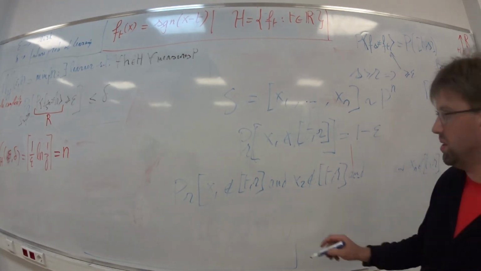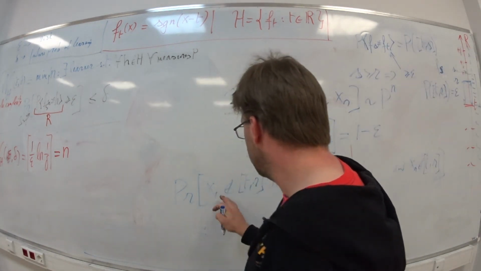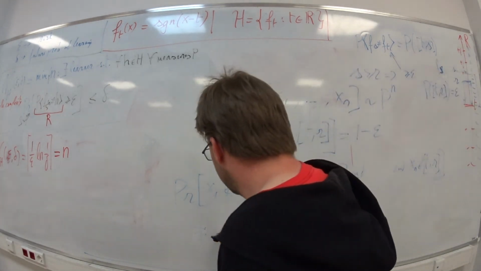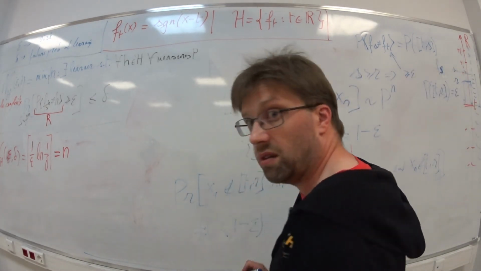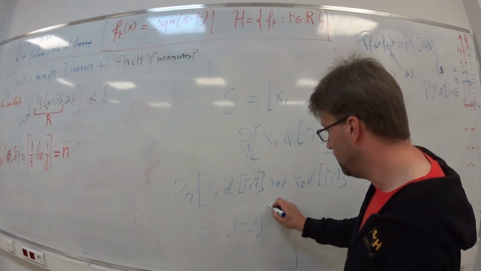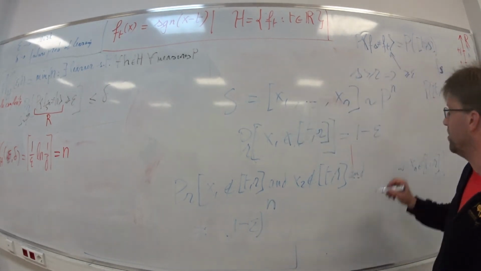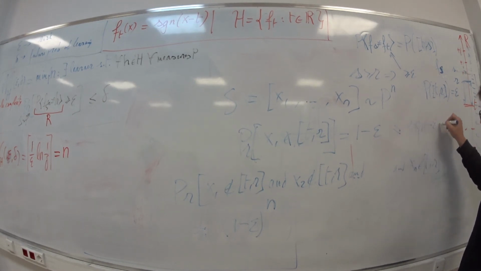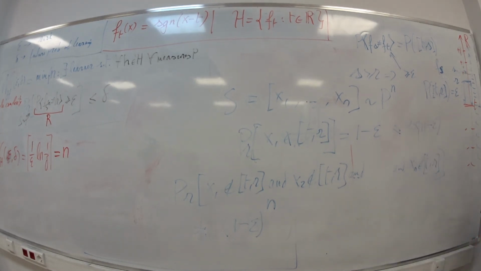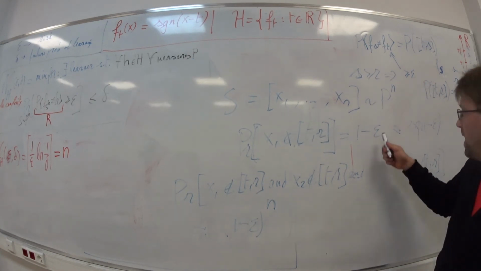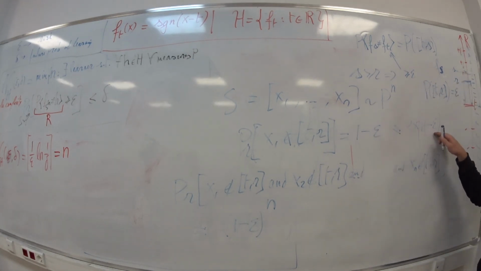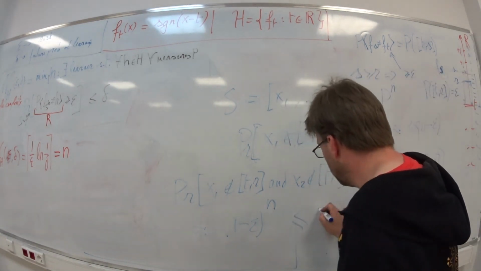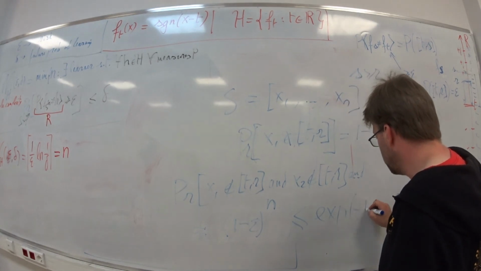This probability is equal to, well, all these events are independent, the choice of x1, x2, so this is equal to 1 minus epsilon to the power n. And note that 1 minus epsilon is bounded by exponent of minus epsilon, an inequality we used many times already, by checking derivatives. So this is bounded by exponent of minus n epsilon.